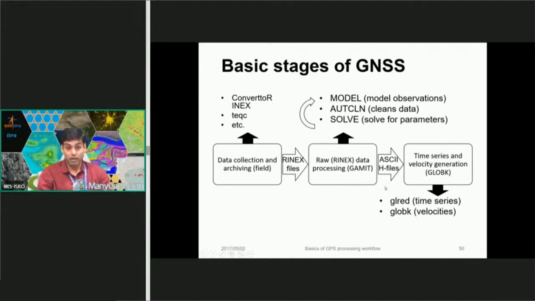Then you will get the H-file. This H-file you have to apply in the GlobK software, and there you will get the time series and velocity, with the help of GRAD and GlobK. So GRAD provides you the time series, meaning continuous deformation, and GlobK provides you the velocity of the site.